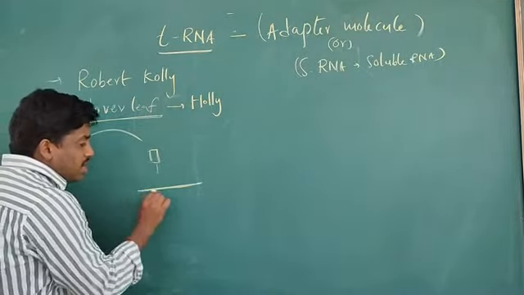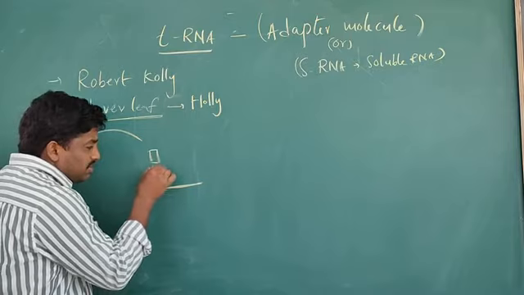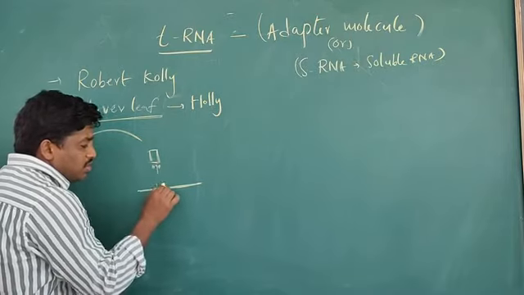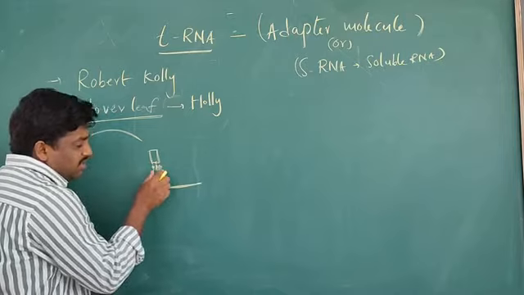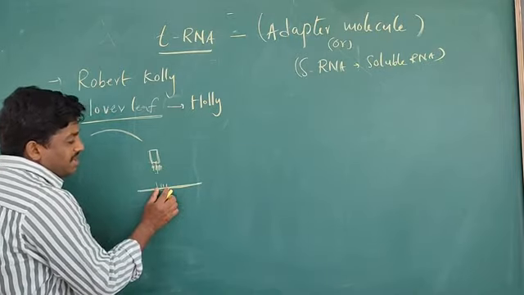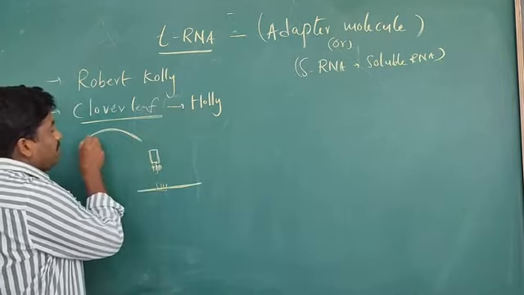This tRNA contains some bases, and these bases bind to the mRNA. As a result, we form the polypeptide chain.